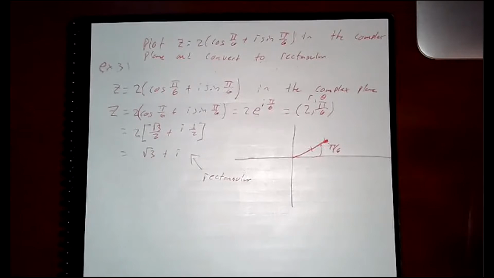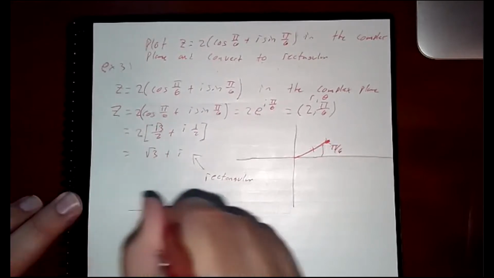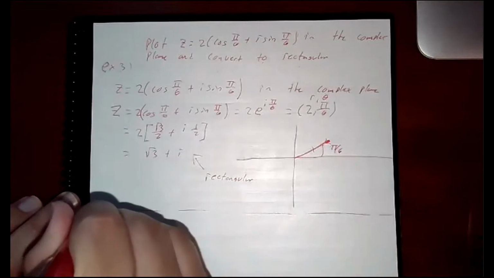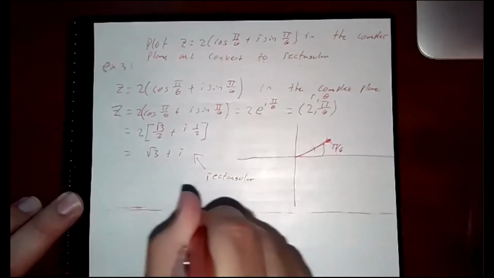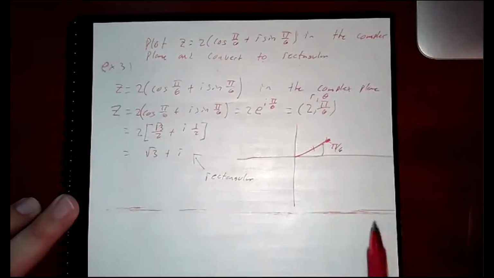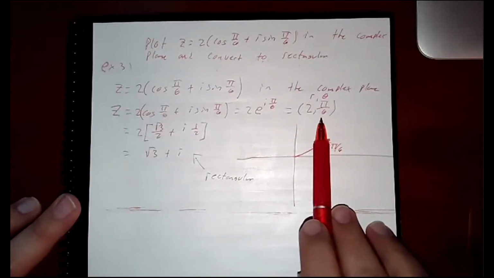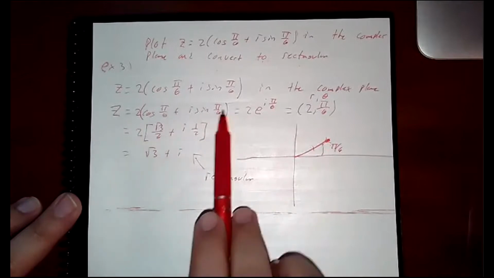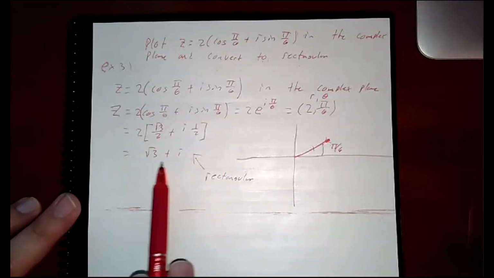Are there any questions on these first two so far? So square root of 3 plus i is rectangular. So this is the polar form. Using your z form you can end up with rectangular coordinates.